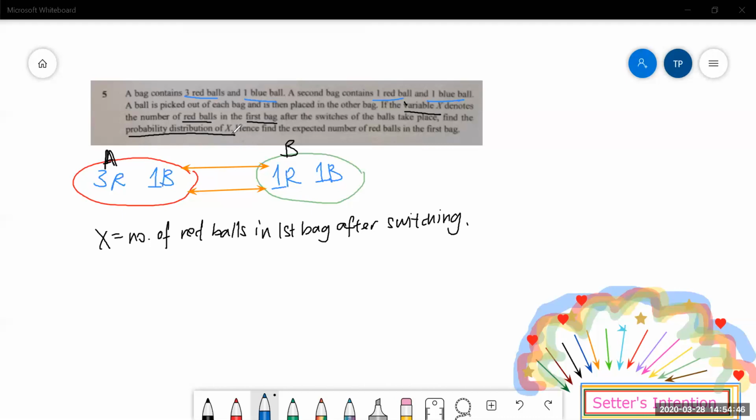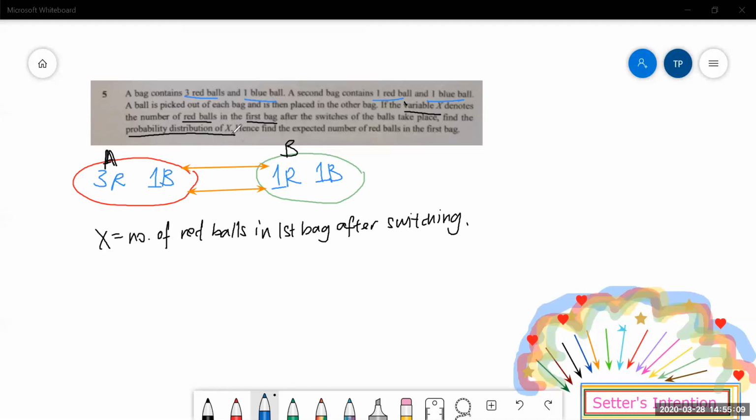So we are only going to do it one time. I'm going to take out 1 ball from A, 1 ball from B, and then put it into the adjacent bags, and it will be done simultaneously. It will not be like A put to B, then after that from B to A. They did not say that.